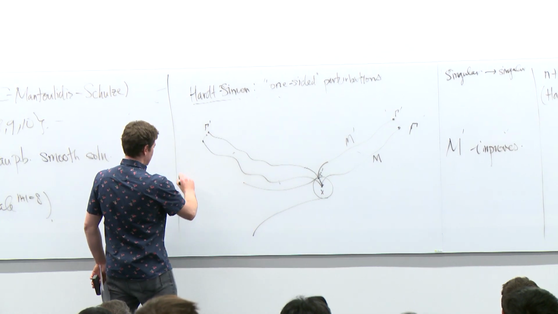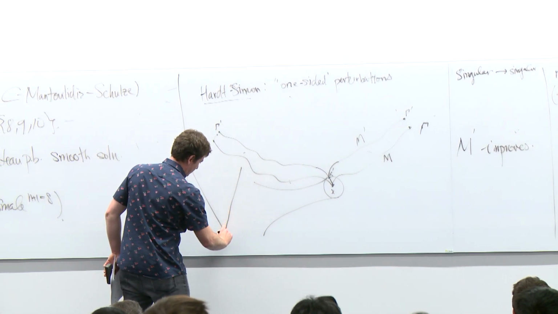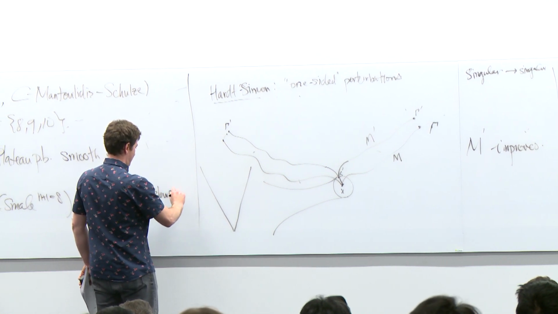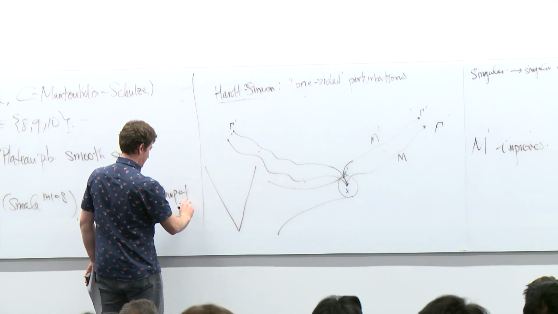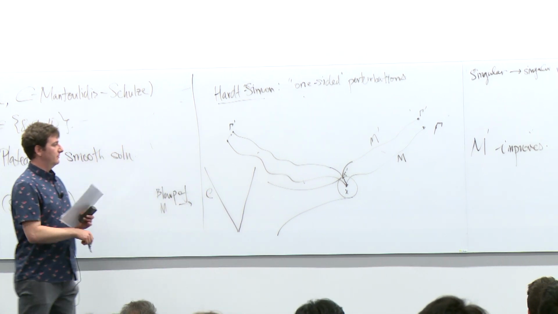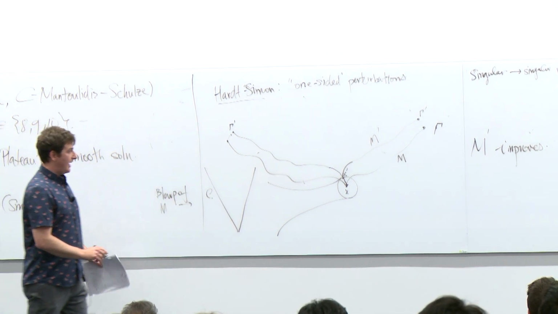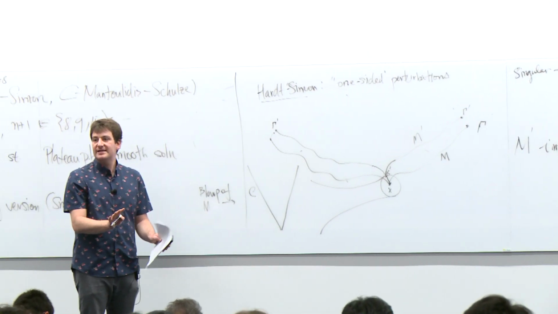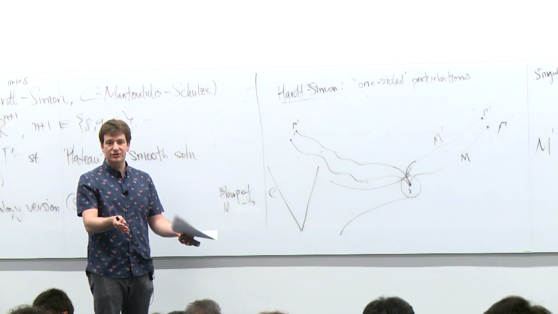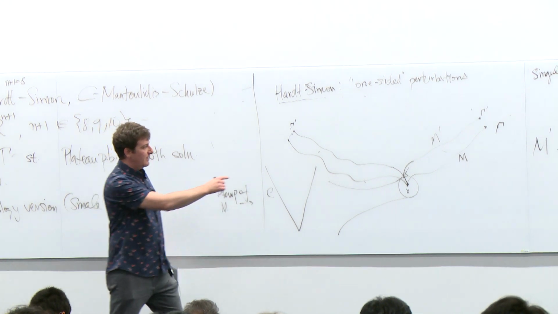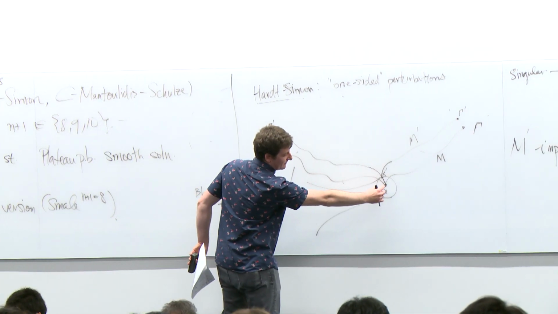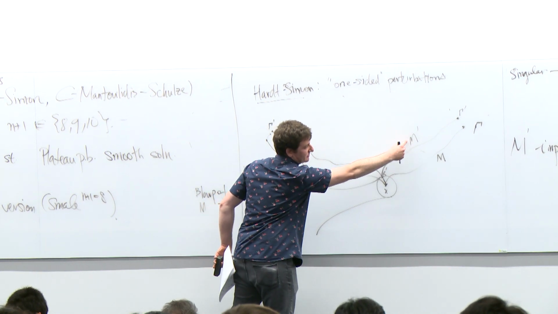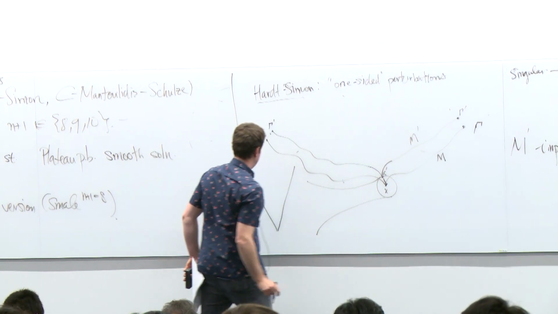So M should limit to some tangent cone. Okay, so blow up of M, you get some tangent cone. And the blow up of M prime, well, here you just get some limit. Right? So it shouldn't necessarily have any self-similarity because you're not centering around a fixed point and zooming in, you're letting the sequence of flows change, and you're changing the scale.